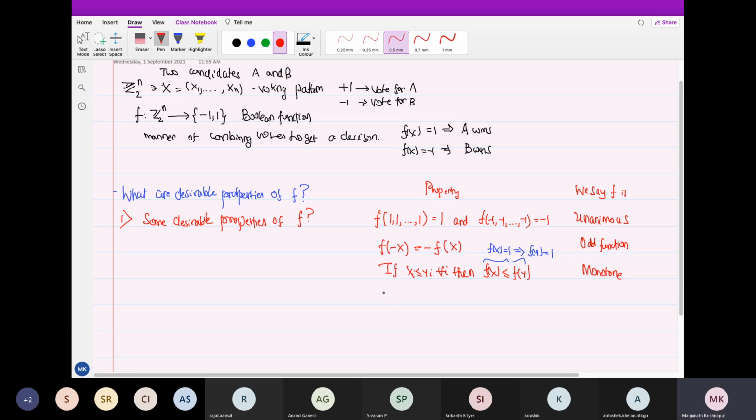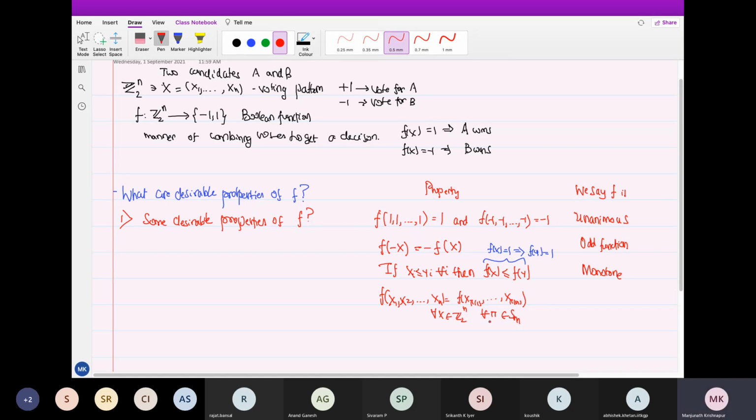That's called monotone. And another very good property, maybe the hardest to achieve, is symmetry. f of x equals f of x pi, for all x and for all pi in the symmetric group.